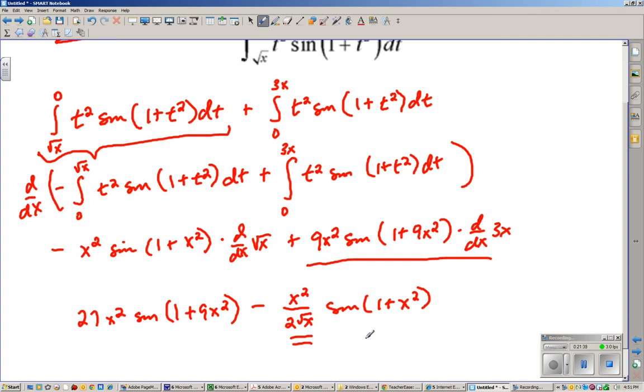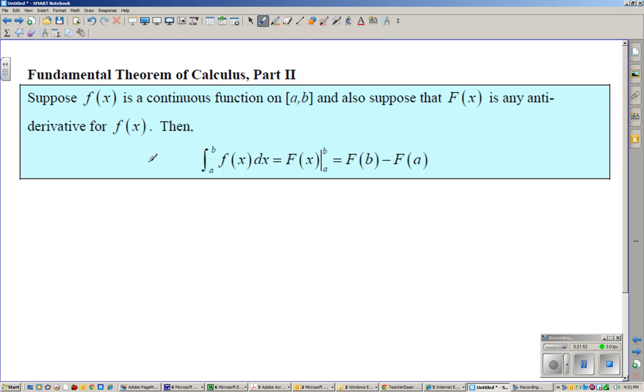So that brings a close to this particular section, that is part 1 of the fundamental theorem. Part 2 is something we'll talk about in class. The fundamental theorem part 2, as I mentioned way back at the beginning, it's something we've already been using. And it says, if f is continuous on a closed interval, and suppose that big F is the antiderivative of f, then what does this mean?